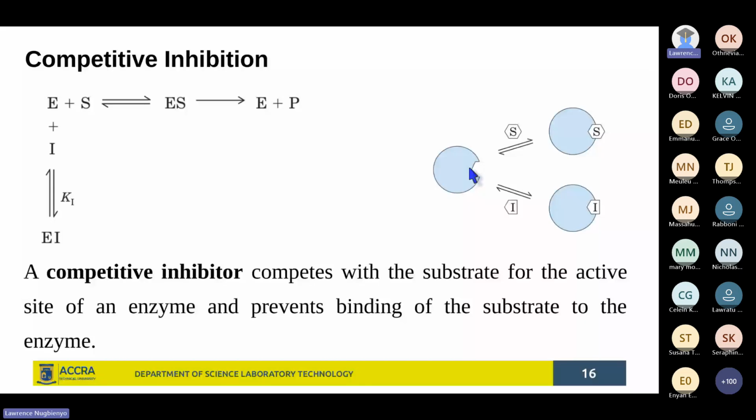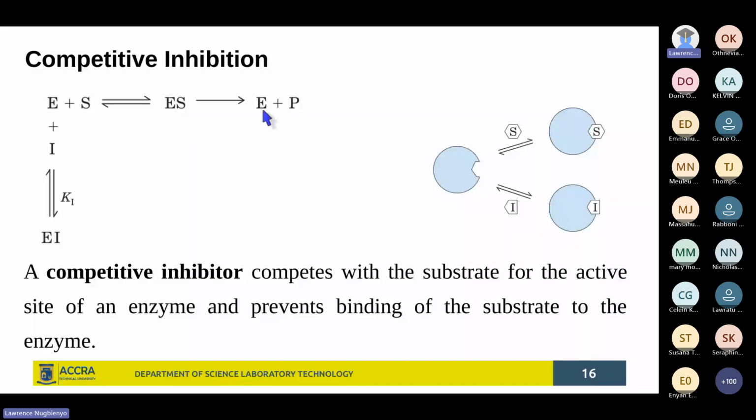So if you have the inhibitor binding to that active site, it means it has blocked the active site, and thus the substrate cannot bind onto it. And once the substrate cannot bind onto it, it means that reaction has been prevented: the reaction of an enzyme acting on a substrate, giving you an enzyme substrate complex, which is the transition state before you have a product formed, which dissociates away from the enzyme.